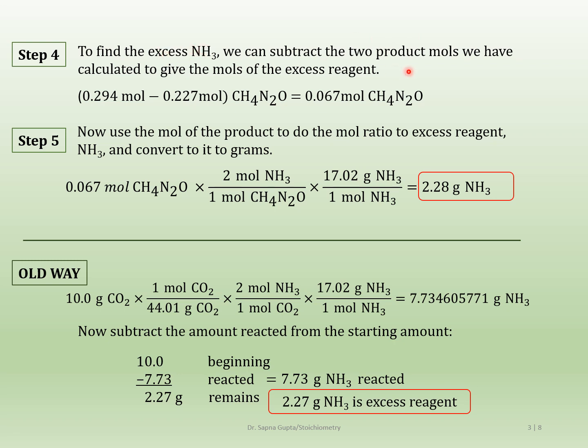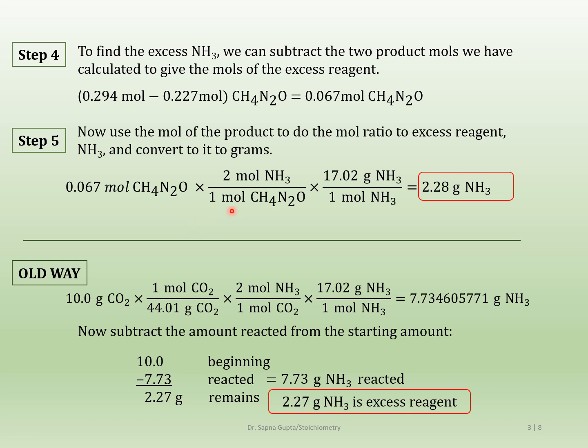Okay, so to find the excess, we can subtract the 2. So this is what I have done before also, right? So I subtracted the 2 moles over here, and then you get the moles of urea that could have been made. Excess of the urea, okay? So when you subtract the 2 moles that you got from both of the reagents, then this much more could have been made.